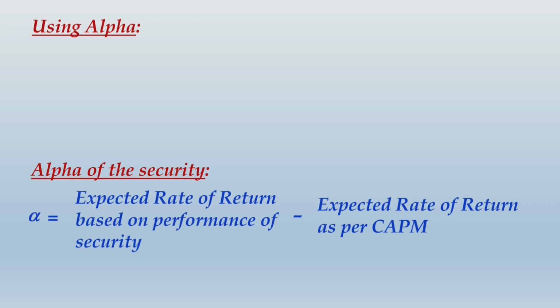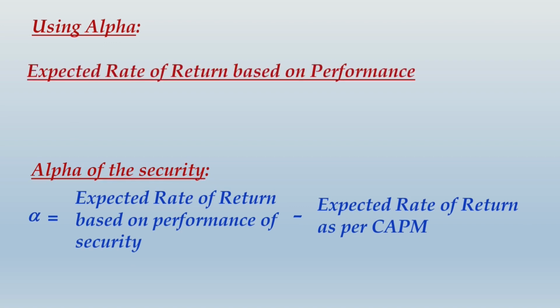And expected rate of return based on performance of the security can be computed by taking K equals D1 plus P1 divided by P0 minus 1. So we have to compute KE based on the performance of the stock, which will be the first part of the alpha equation, and the CAPM based returns will be the second part of the alpha equation, and then the difference between the two will be the value of the alpha. So quickly take note of this, and then I take you ahead.